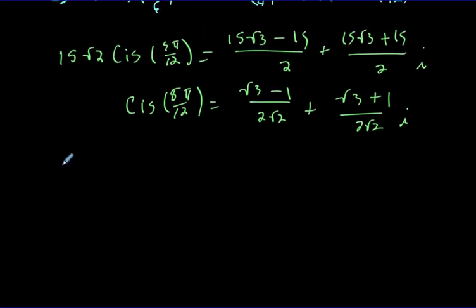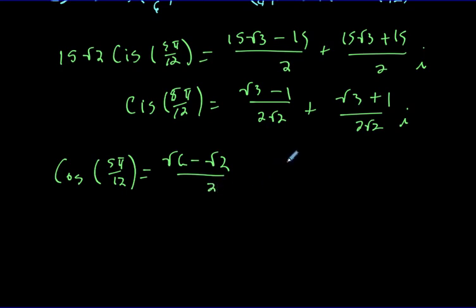I can say that the cosine of 5 pi over 12, after I rationalize the denominator, is root 6 minus root 2 over 4. And then I can do the sine of 5 pi over 12, after I rationalize the denominator, root 6 plus root 2 over 4.